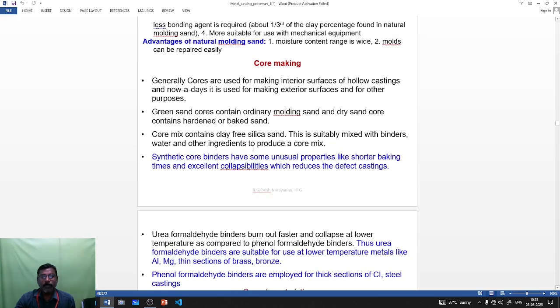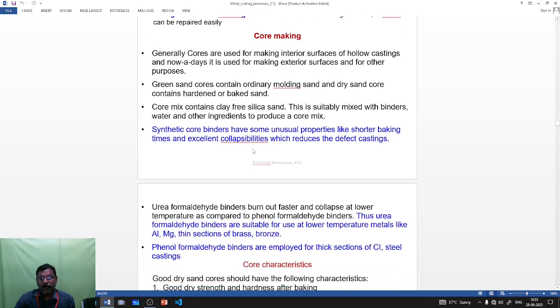Synthetic core binders have some useful properties like short baking times and excellent properties for use in core sand.